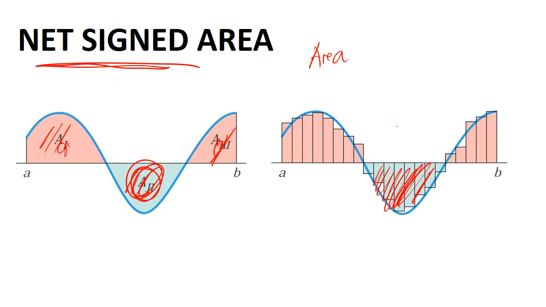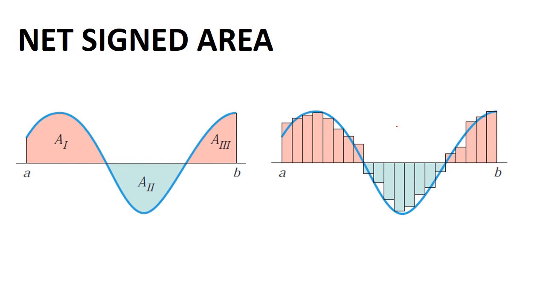Pero kapag in-apply mo yung definition natin kanina, ang nakukuha nun is net signed area. That is, ikinukonsider niya yung negative areas and positive areas, and sinasum niya yun. Ibig sabihin, kunin mo muna lahat ng positive, and then ima-minus niya yung area lahat ng nasa baba. Kaya siya tinawag na net signed area.